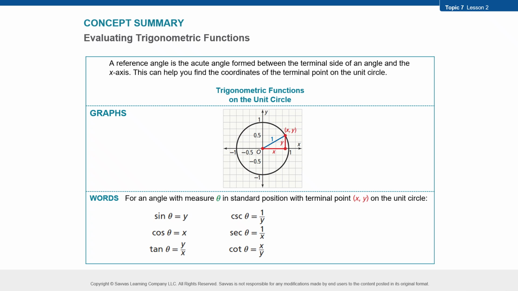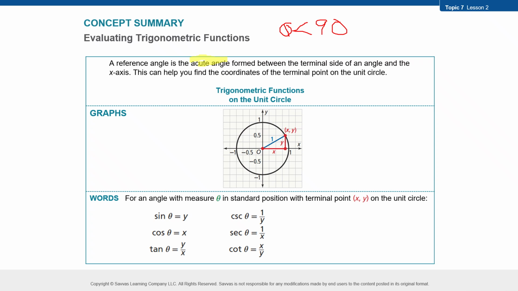This piece of information is something we talked about today. A reference angle is the acute angle, acute meaning that theta has to be less than 90. It can't equal 90, because if it does, that's a right angle.